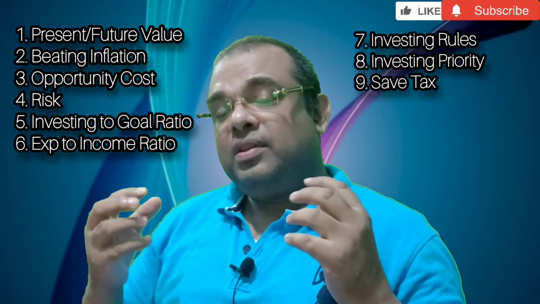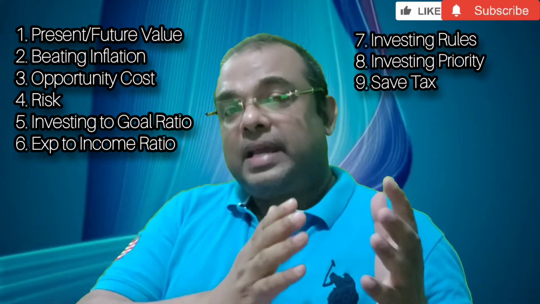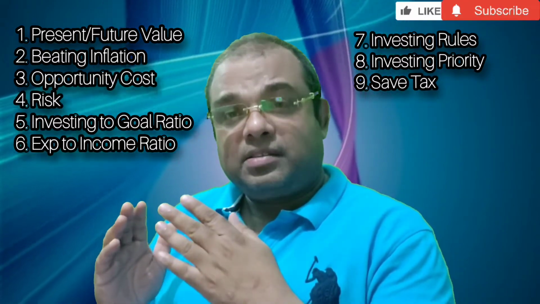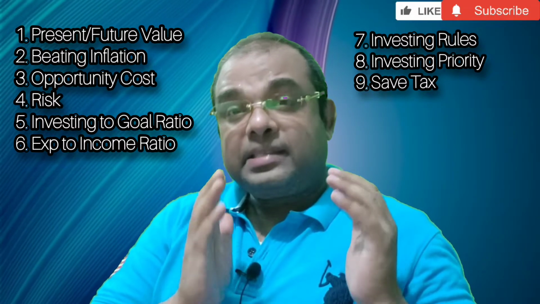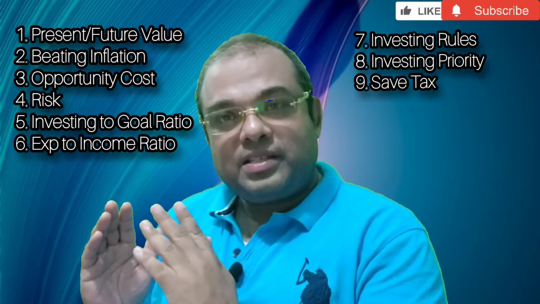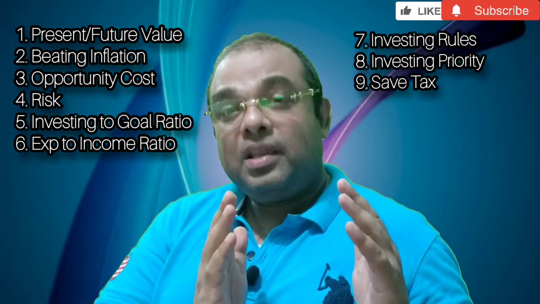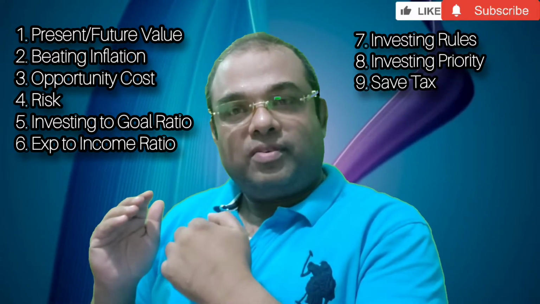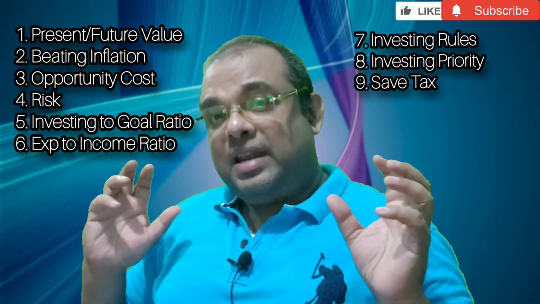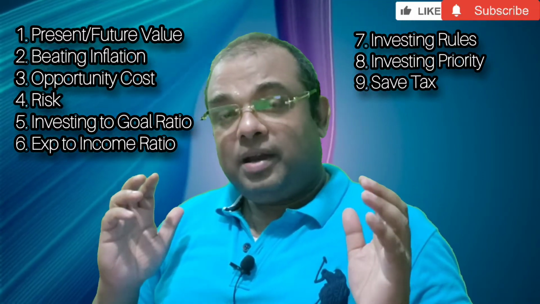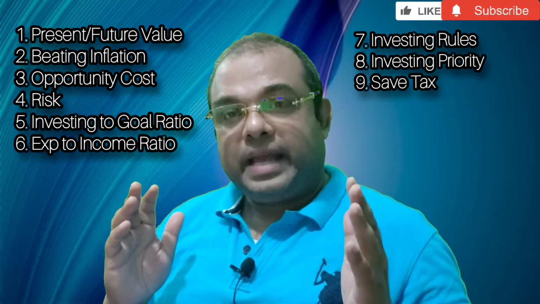If you have an HUF income and an individual income, your individual income will be taxed separately and your HUF income will be taxed separately. Your individual income has a tax exemption limit. Your HUF also has a tax exemption limit. So say suppose you have 5 lakh of tax exemption in your individual income, and you also have 5 lakh of tax exemption in HUF. So if you have 10 lakhs of tax exemption, you can earn 10 lakhs in a year without paying a single rupee in taxes.